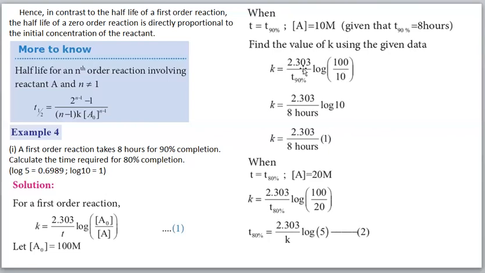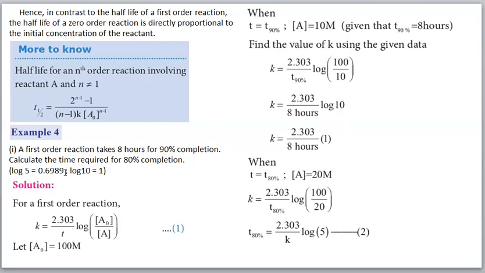So we can write 1 here. Here you see 2.303 by T 90%, which is 8 hours given in the question. So the numerator value is 2.303, the denominator is 8 hours only, and log 10 is 1. Then this is sufficient.